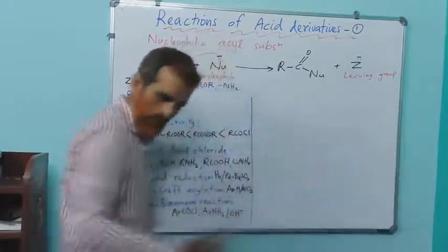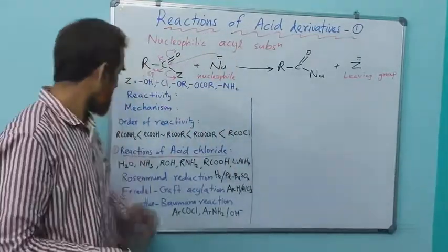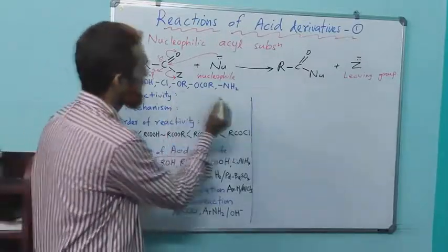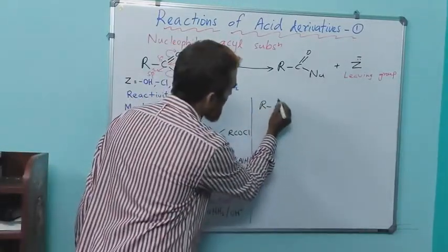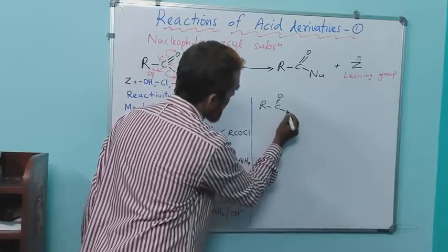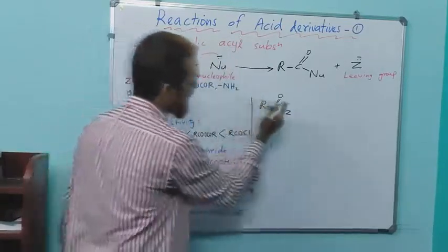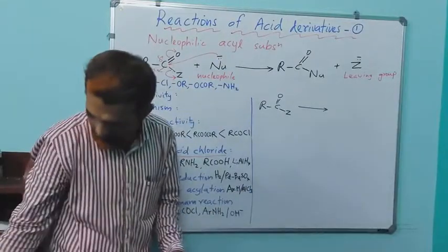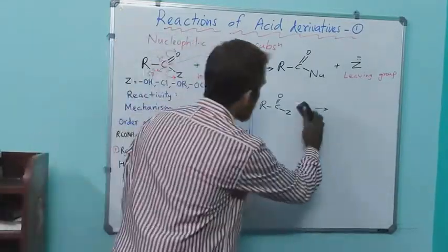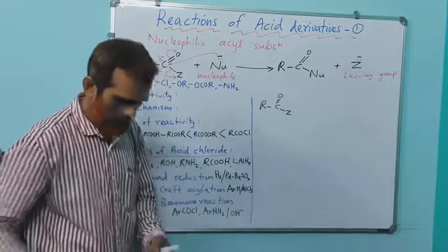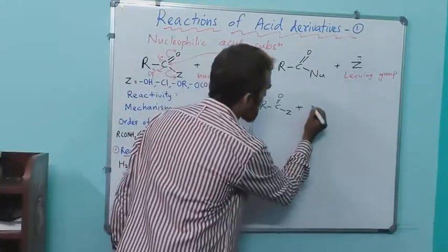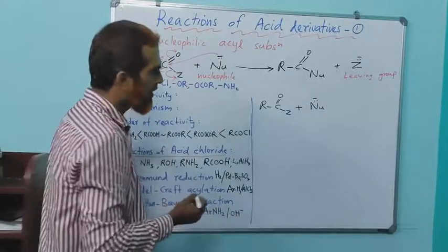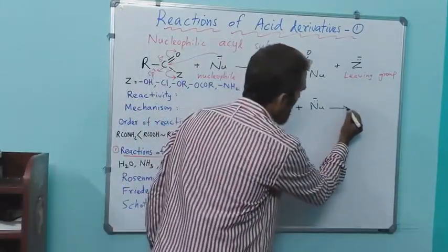Okay, coming to the mechanism now. The mechanism of this reaction takes place in two steps. Step 1 is obviously the attack of the nucleophile, giving the intermediate.